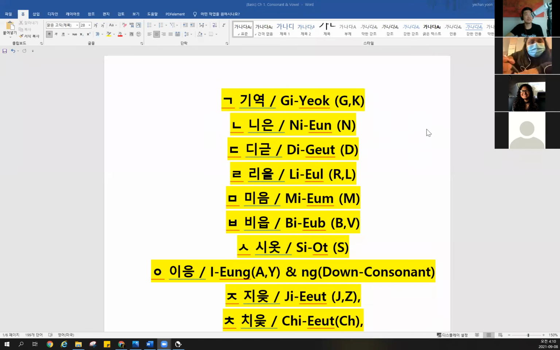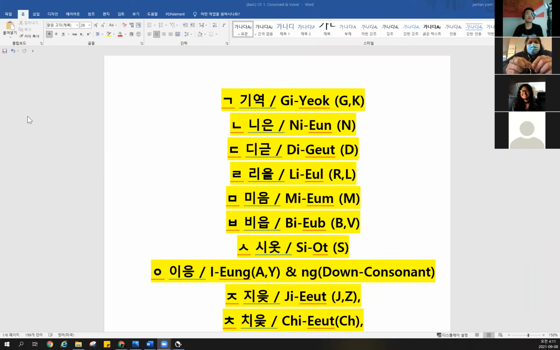It sounds like D, and you can write it with D. Next one, 리을, 리을, 리을. It sounds like L. You can write it with R and L.